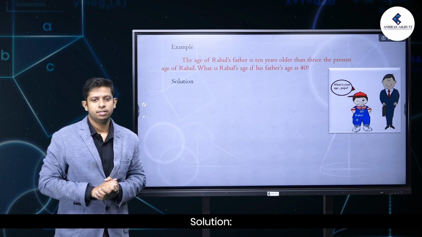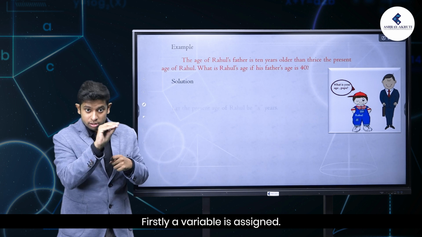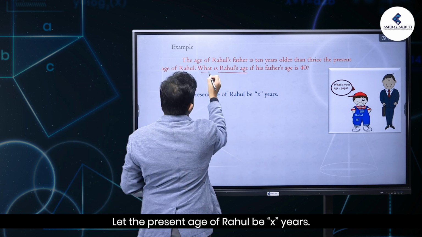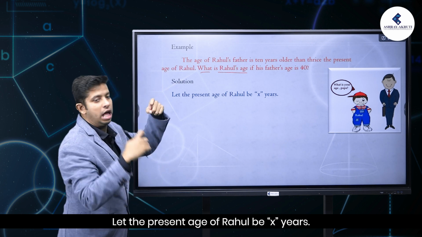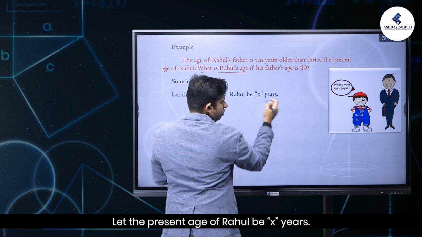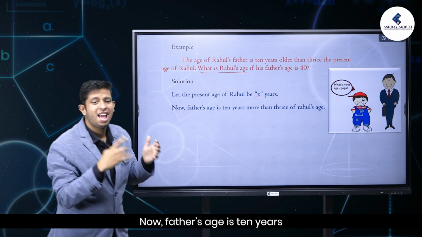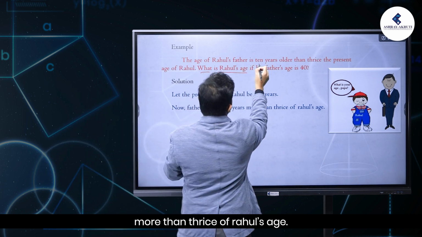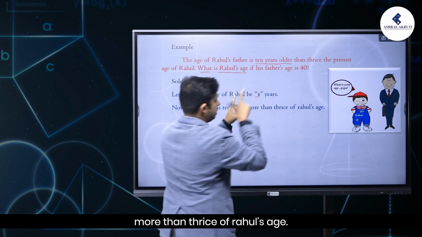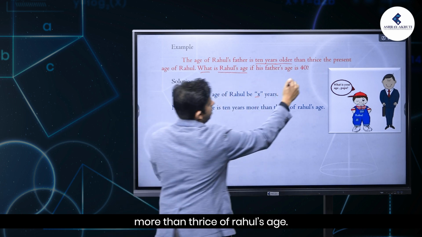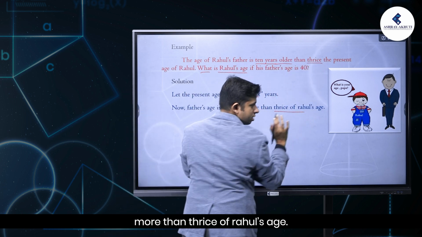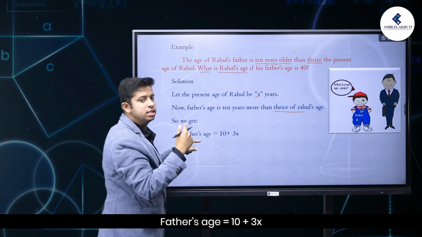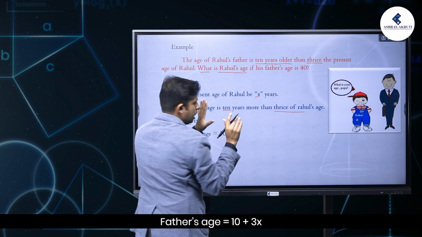Solution. Firstly, a variable is assigned. Let the present age of Rahul be x years. Now, father's age is 10 years more than thrice of Rahul's age. So we get father's age is equal to 10 plus 3x.